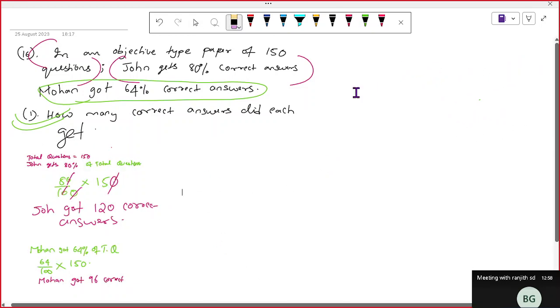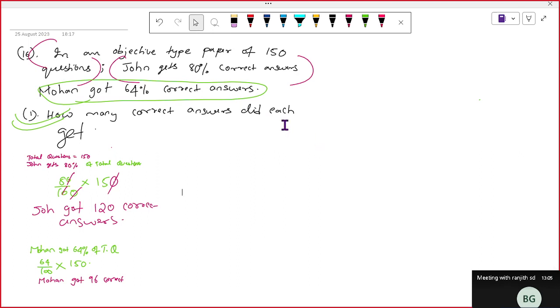What's the second part of the question? Can you read the second part? Any one of you, read the second part of the question. What is given? Sir, what percent is Mohan's correct answers to John's correct answers?